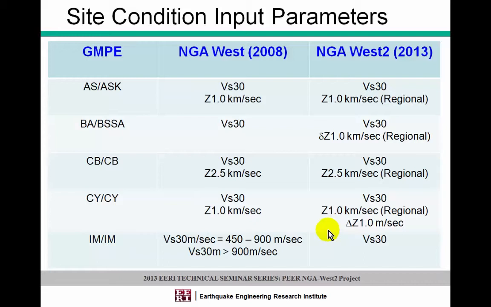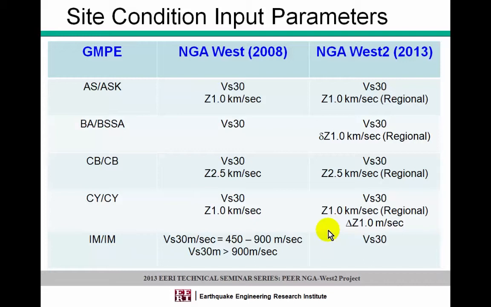I should point out that the Idriss model in the 2008 vintage was defined based on 2 bins of VS30 values. So he had 450 to 900 meters per second as one bin and greater than 900 meters per second as the second bin. In other words, if you had a VS30 of say 760 or 500 or 900, you'd have the same predicted ground motion values from his old model.